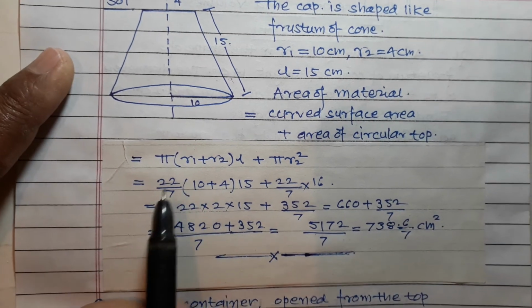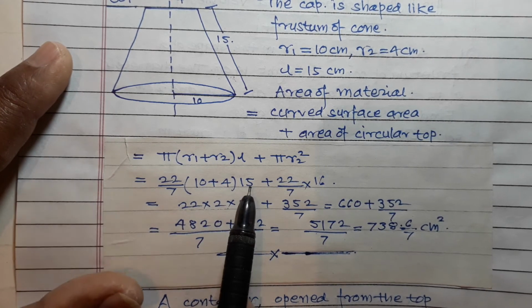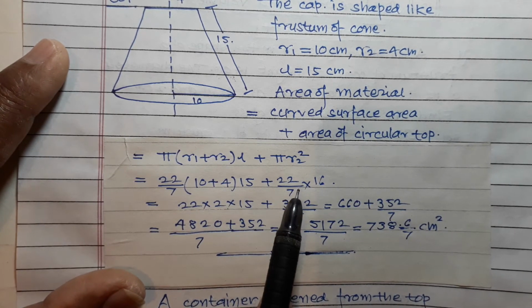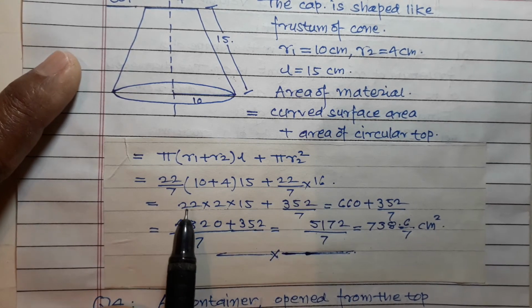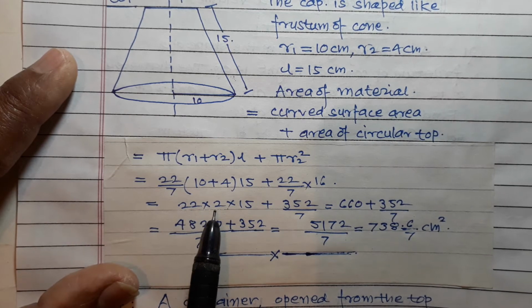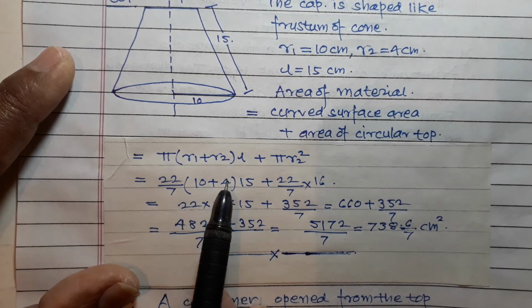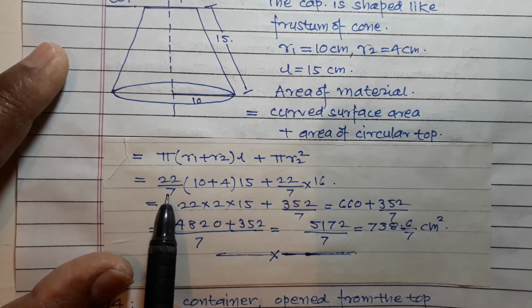Now therefore 22 upon 7 into bracket 10 plus 4 into 15 plus 22 upon 7 into 16. So it is equal to 22 into 2 into 15. So 10 plus 4 is equal to 14, which cancels with this 7.